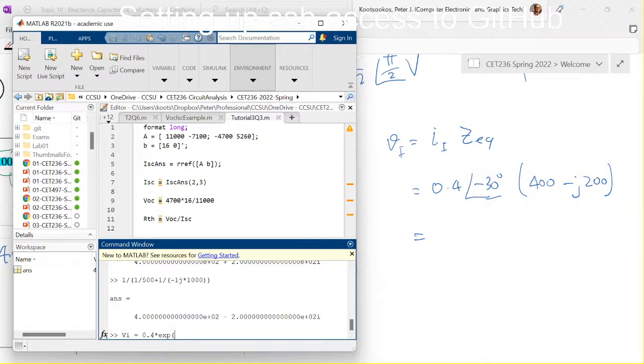Now, I'm going to just type in 30, but I'm going to convert it to radians by multiplying by pi on 180. While I'm here, if you're using MATLAB or even on your calculators to do this, the biggest mistake you'll make is leaving out the I or the J. Right?